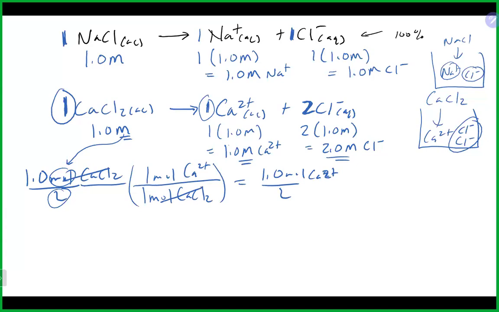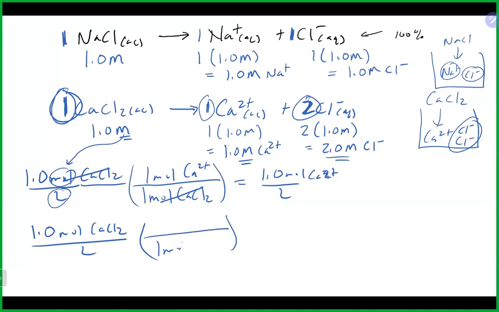which is how we get to this concentration. If we did the same thing for our other one, starting with the original concentration, once again, it is a 1 mole to 2 mole relationship. So 1 mole of the whole thing gives me 2 moles of the chloride. And again, moles of the whole thing cancel, giving me 2 moles per liter of the chloride ion.